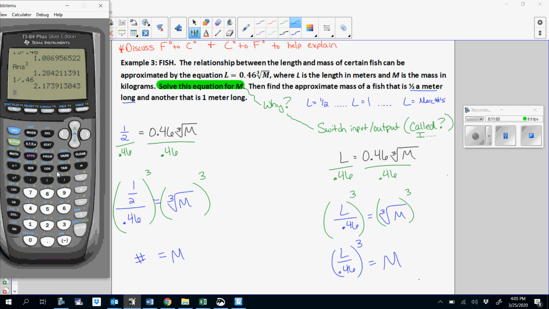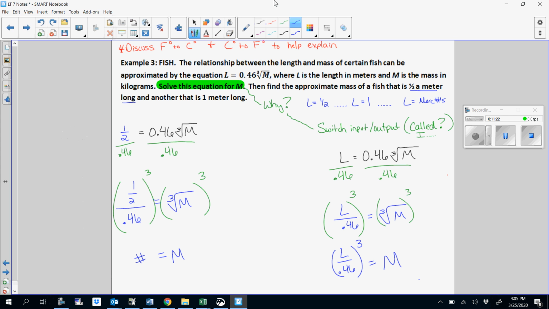The mass of a 1 meter fish would be 10.3. But this equation over here is much better suited than plugging in 1 and then dividing by 0.46 and cubing both sides and having to solve each one of these over and over again if you were given the length of a 2 meter fish, then a 3 meter fish.